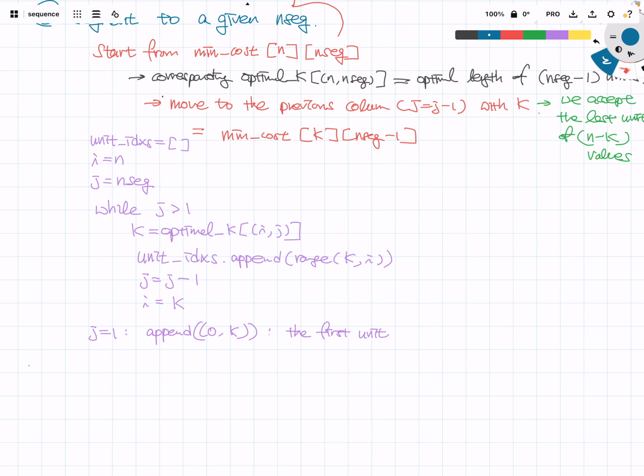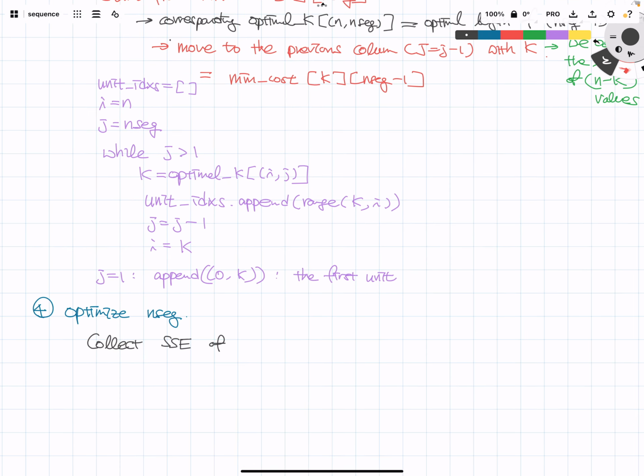And if you don't know what's the optimum segment number, then you can try to collect SSE.